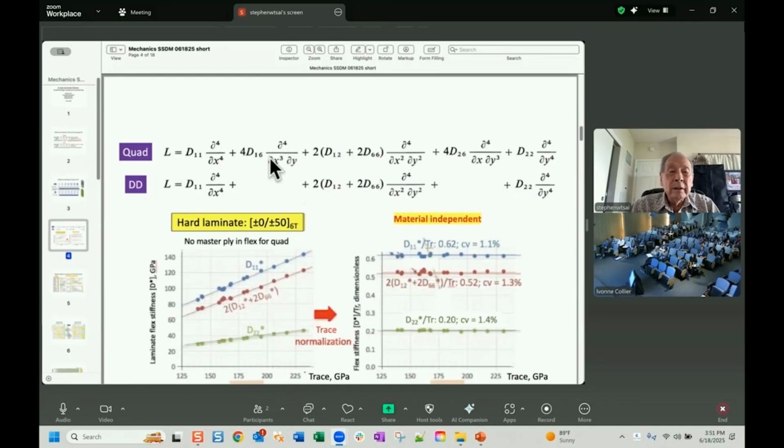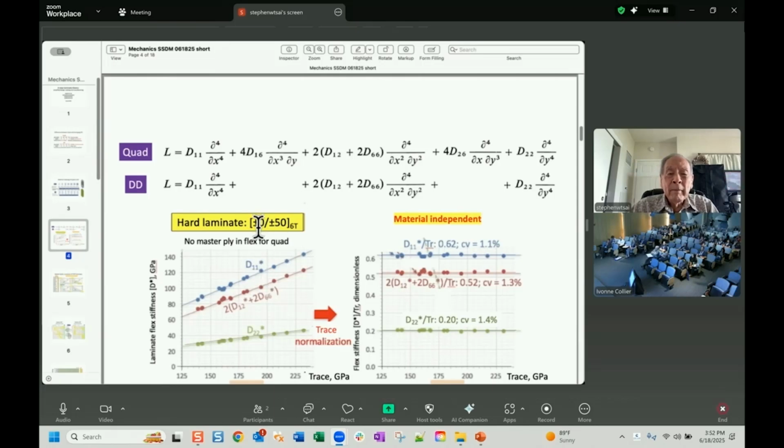And the other thing, that quad is very difficult because the plus 45 and minus 45 are on different levels, so that the D16, D26 in the equilibrium equations are not 0, whereas in a double-double, if you have high enough repeats, they're 0. So they're much simpler. It's truly orthotropic, and in the quad, the Dij is anisotropic. So in comparison with a quad, the double-double is much simpler.